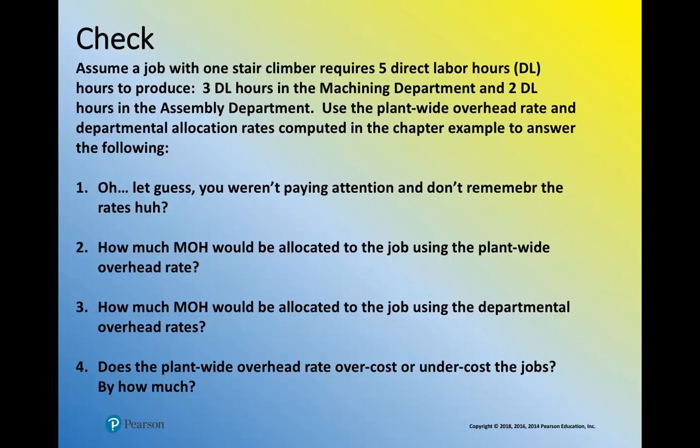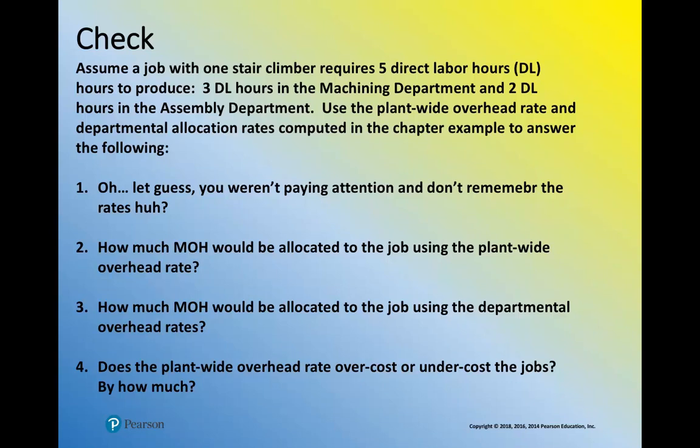So we'll take our $32 departmental overhead rate for machining times our 3 hours required, that's 96. And then $12 per hour for assembly times 2, that's going to give us 24. So 96 plus 24: if we use departmental overhead, we would be allocating $120 to our stair climber.